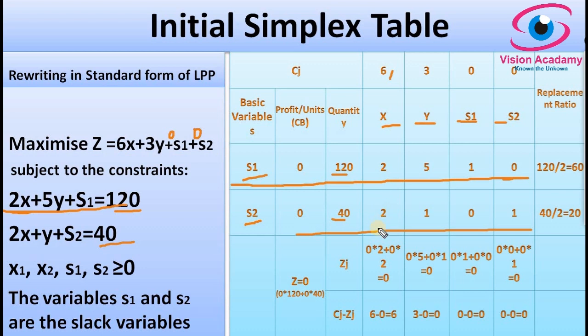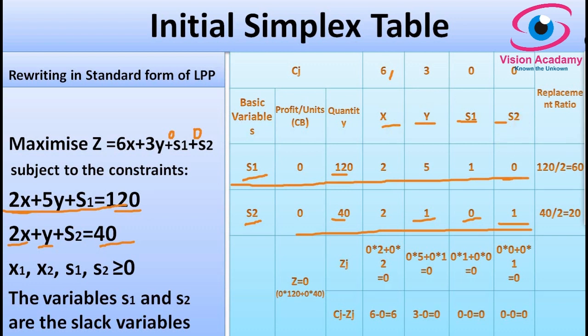The x value is 2 and the y value is 1, and there is no s1 in the second constraint, that is why it is 0, and in the second constraint we have introduced the second slack variable, so s2 exists, so s2 is 1. So basically we have inserted the standard form of LPP information into the initial simplex table.